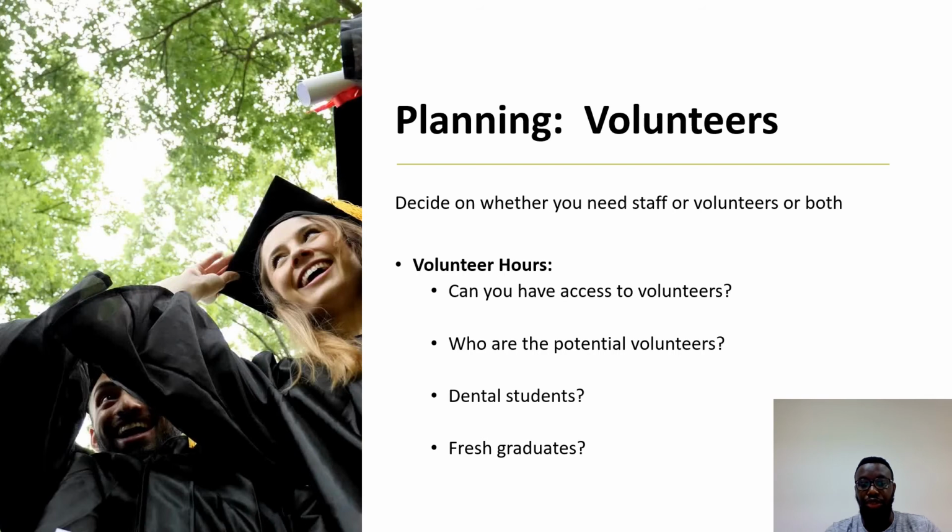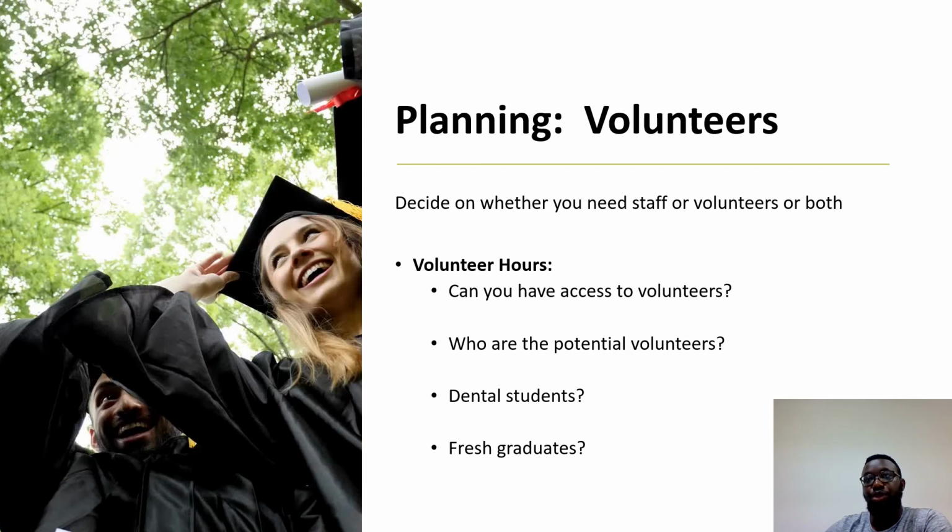You think about using dental students as volunteers depending on where you're running your program, and you might also have access to some fresh graduates who are new in the market, looking to acquire experience in a community oral health program. So they might be readily available for you, or you might need to advertise or source for them. You need to think about how you can find them and source for them.